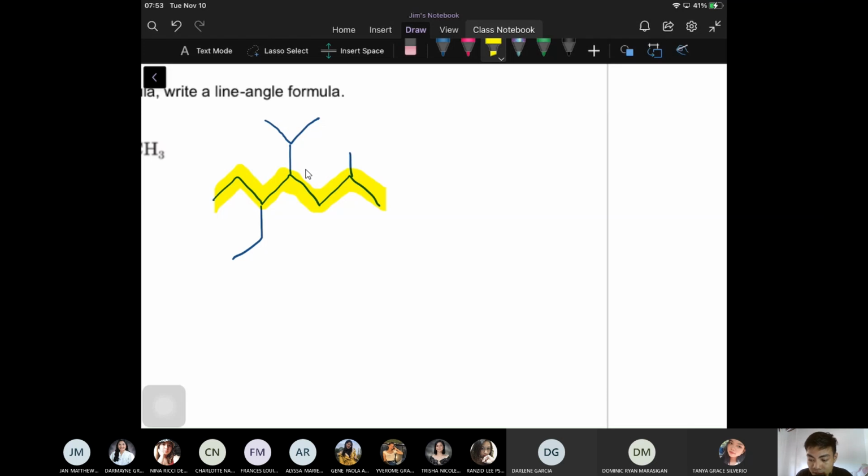For alkanes, that will be your parent chain. So, your parent, you name it depending on the number of carbon. 7 yan. So, yan ay hept, ang prefix. And since yan ay alkane, wala tayong double bonds, wala tayong triple bonds, we use the suffix -ane, heptane. That's the parent name.